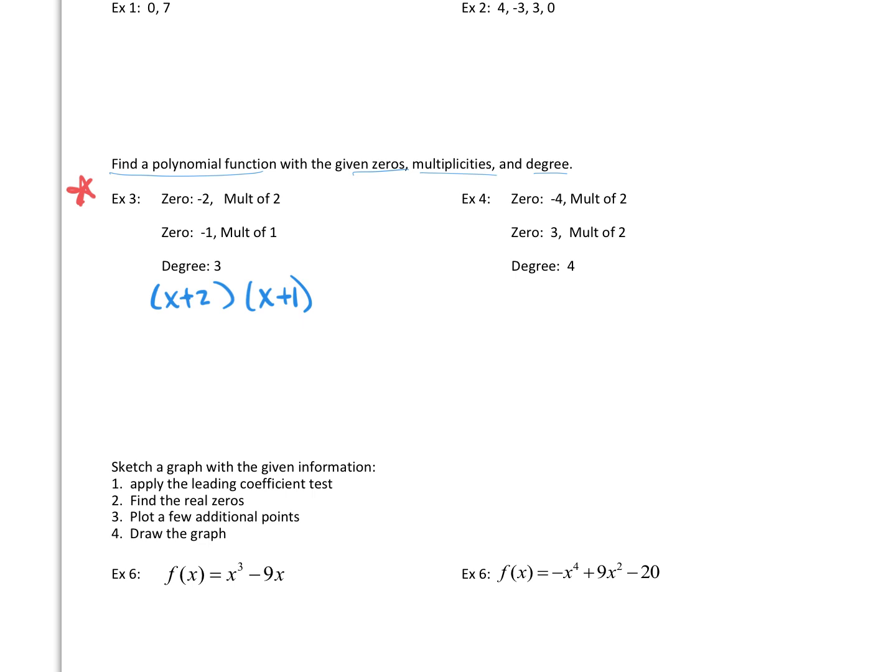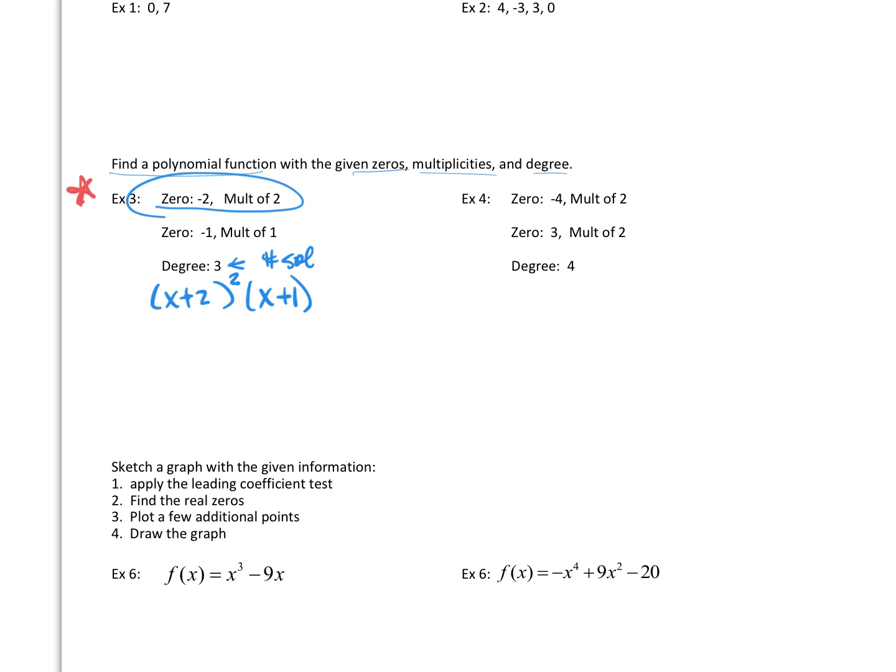But that's only 2 solutions, right? When I tell you the degree, this is how many solutions it should have. So that means that one of them has a multiplicity of 2. Which one? The negative 2 does. So the way you write that is you put a little squared on that factor. Okie dokie.